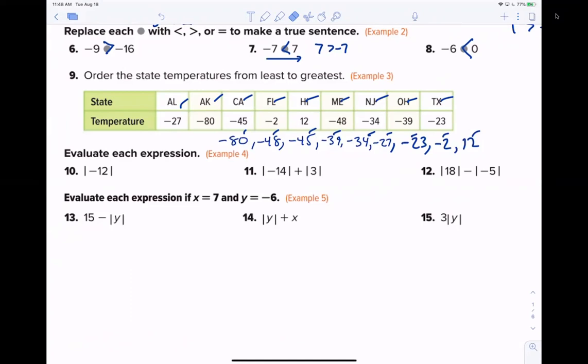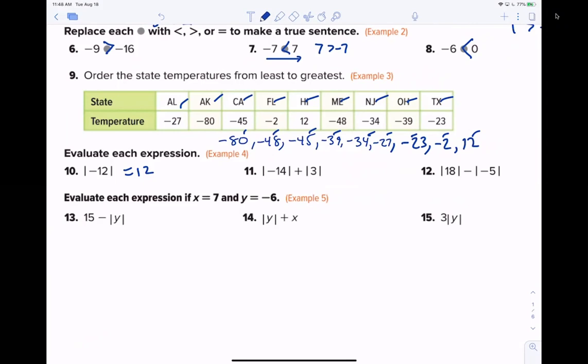All right, so we're on number 10. 12. Yes, the absolute value of -12 is 12. And just to review, if I said, what's the absolute value of 12, you would also say what? 12, because this is what I need. If you forgot this, absolute value is distance from the origin.